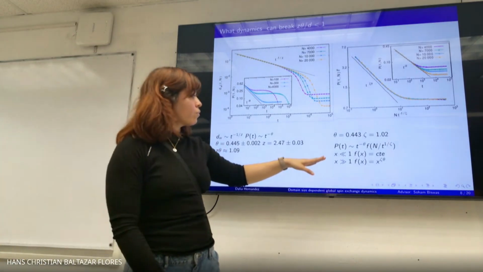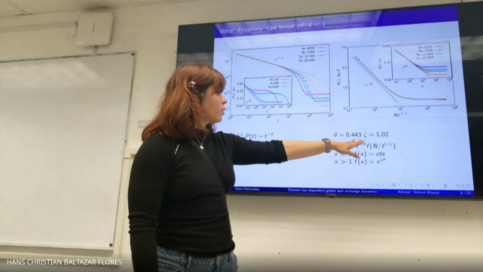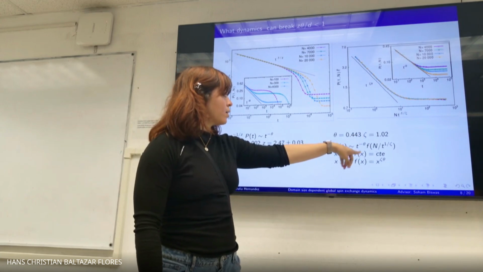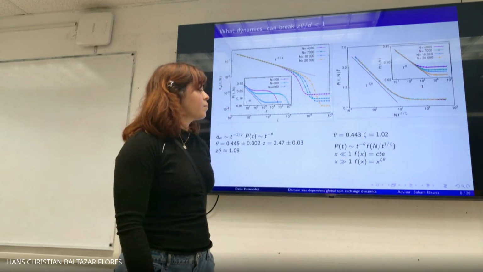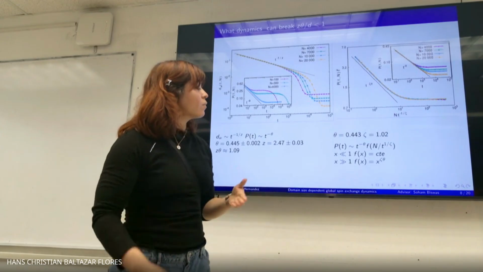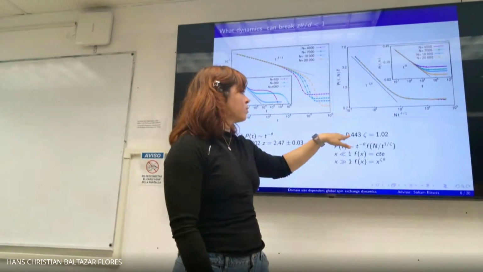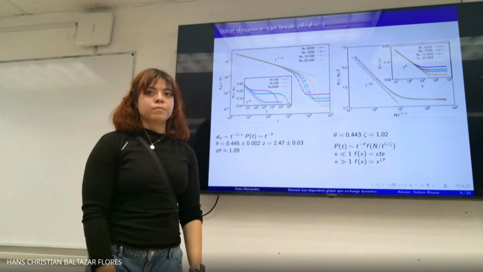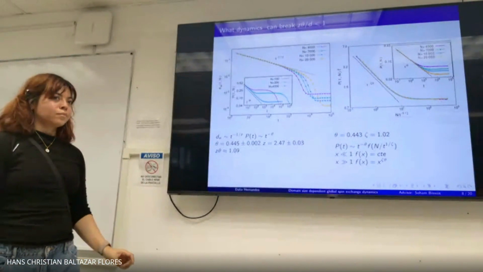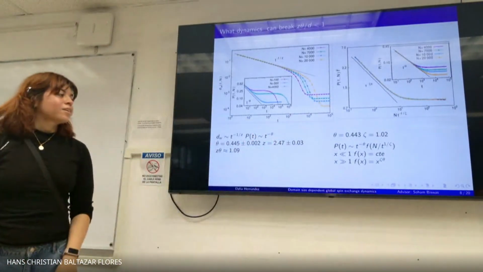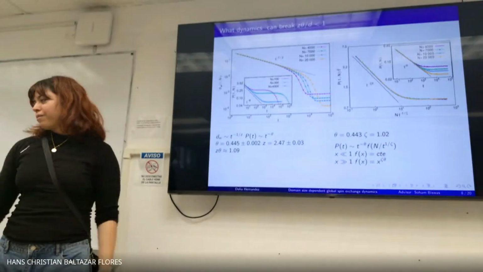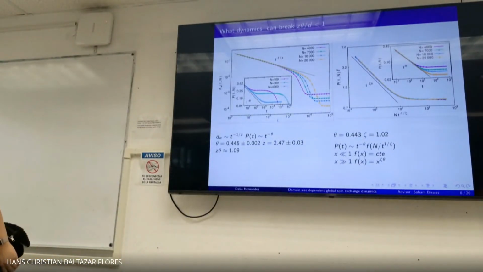But if we use the zeta from the correlation length of the persistent sites, then we find something around 0.44. Then this fulfills the condition of having no negative fractal dimensions.